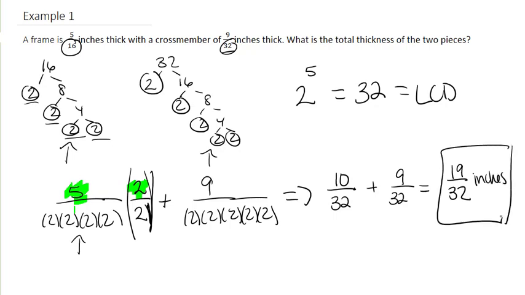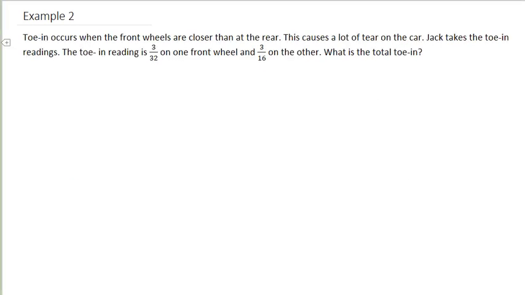So let's go ahead and look at another example. Example 2. The toe-in occurs when the front wheels are closer together than at the rear. This causes a lot of wear on the car. Jack takes the toe-in readings. The toe-in reading is 3/32 on one front wheel and 3/16 on the other. What is the total toe-in? Like our last example, we have 16 and 32 for our different denominators.